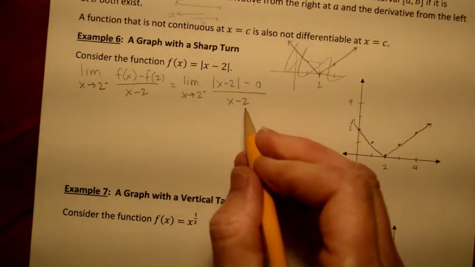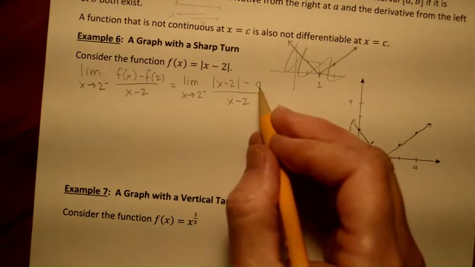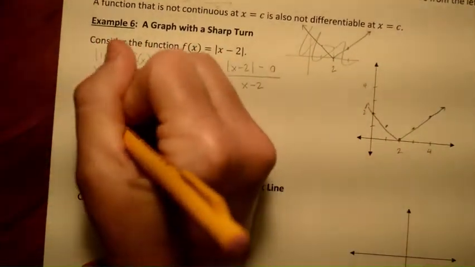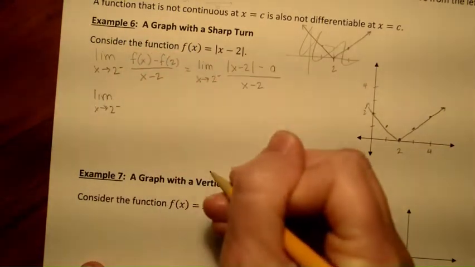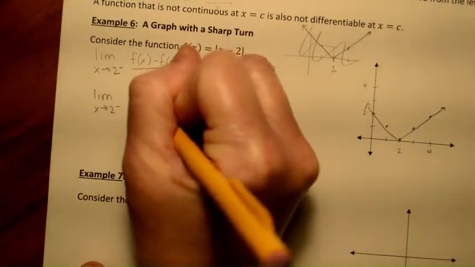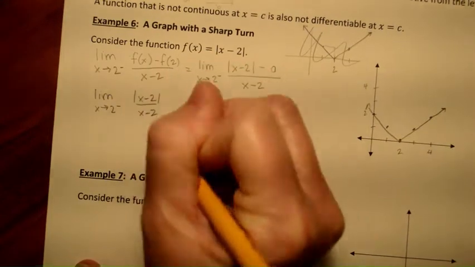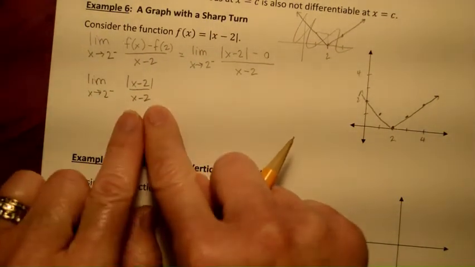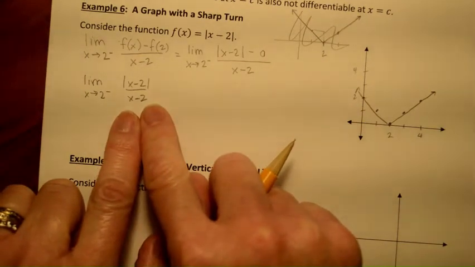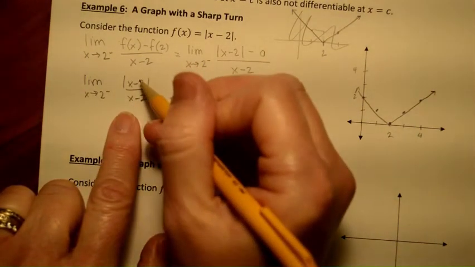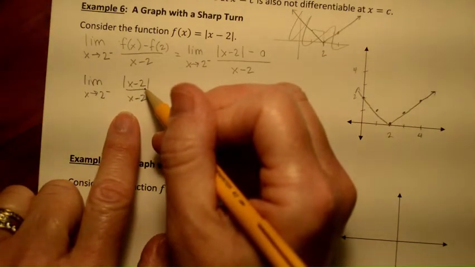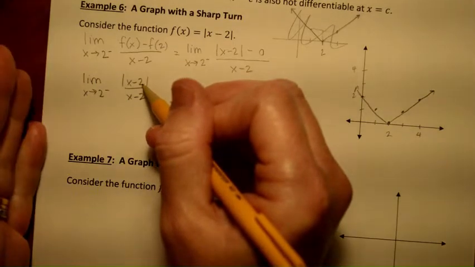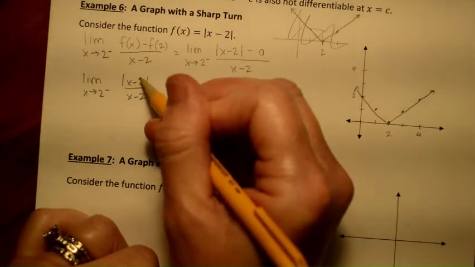All right. So then this should bring back recollections of exactly what we were just talking about. Limit as x approaches 2 from the left of absolute value of x minus 2 over x minus 2. Again, we've discussed this a number of times in class, but let me just say it one more time so that you remember. Because absolute value is about making sure that whatever is in here is not negative, that it's positive or 0.